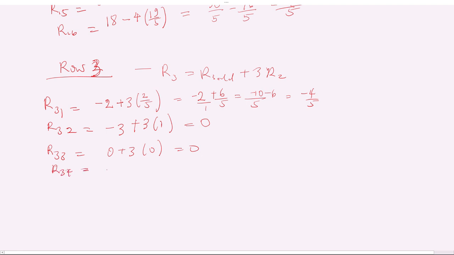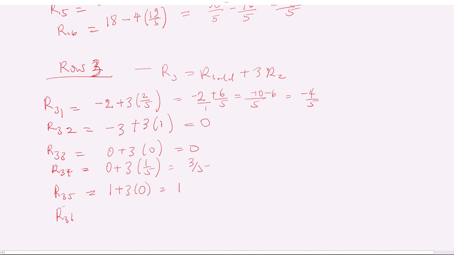R34 equals 0 plus 3 into bracket 1 over 5, which is 3 over 5. R35 equals 1 plus 3 into bracket 0, which is 1.